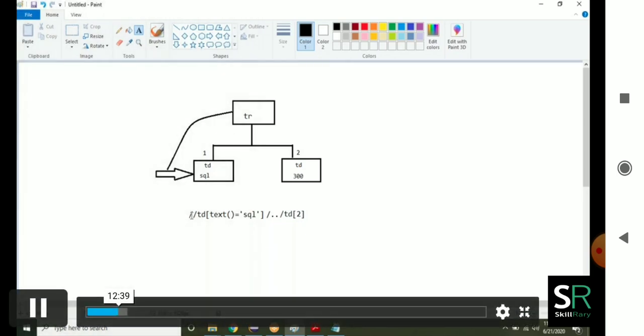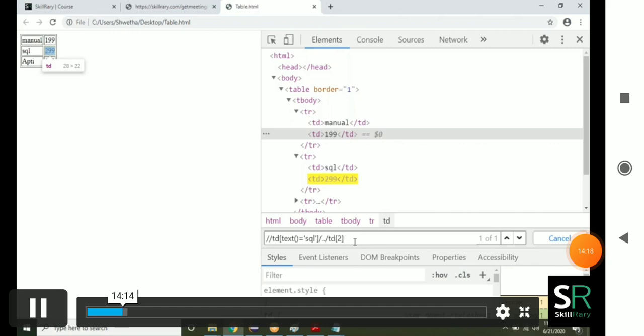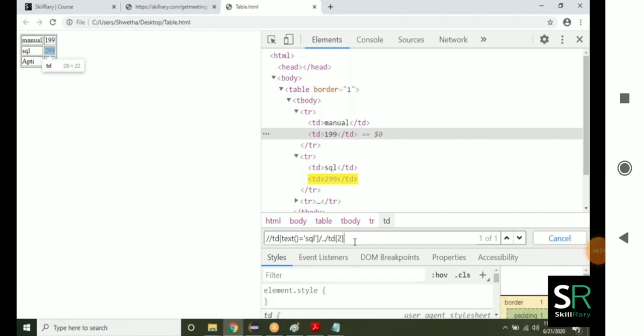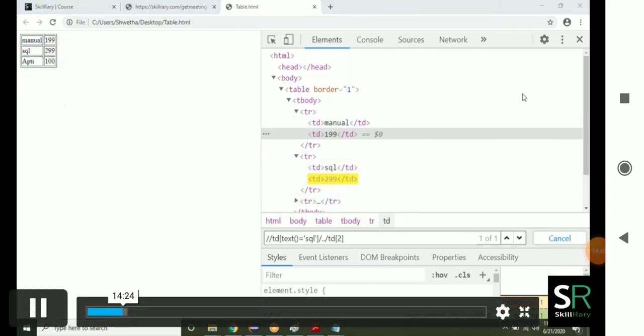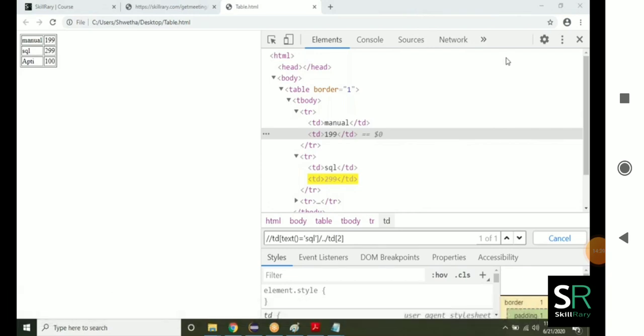Go to this price, identifying the price of the SQL book only. It's working now. How is it working? Let me repeat this once again.